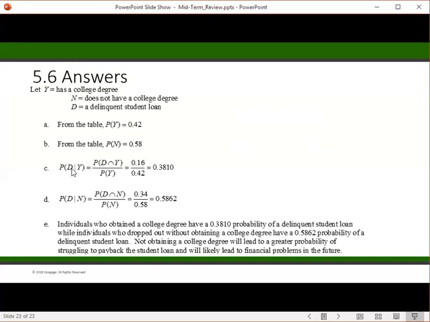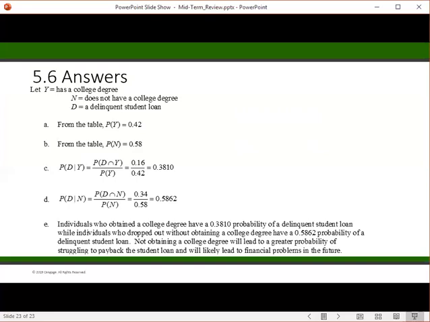So we know that a conditional probability is equal to the joint probability divided by the marginal probability. So it's given that a student received a college degree, that's the given. So this is what we divide, the probability that they did receive a college degree. That's our denominator. And then our joint probability is just the intersection of delinquent and they received a college degree.